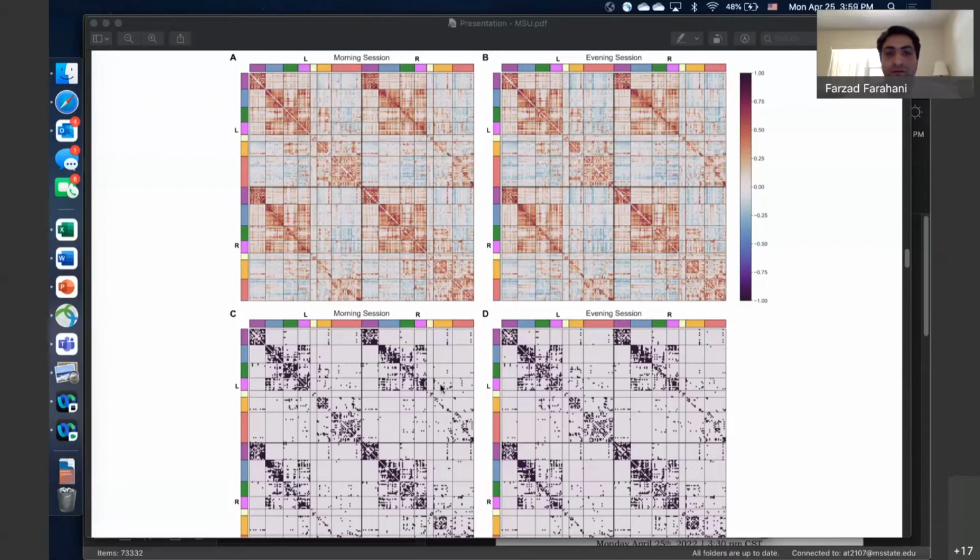A system can contain different regions; a set of regions can be aggregated to form a system. The purple one is the visual system, the blue one is the motor system, and so on. We have left and right hemispheres as well. I plotted this figure to show how connections exist between different regions of the brain, based on the time series extracted for each region.